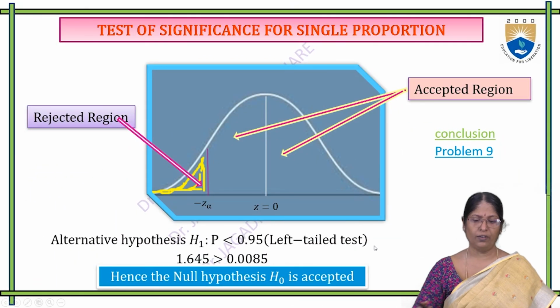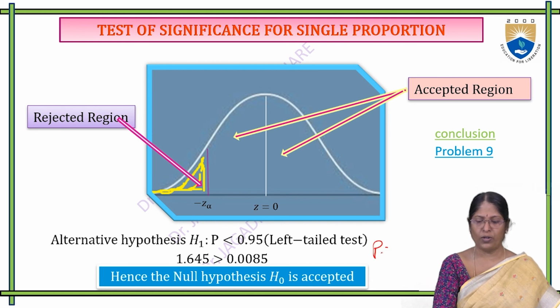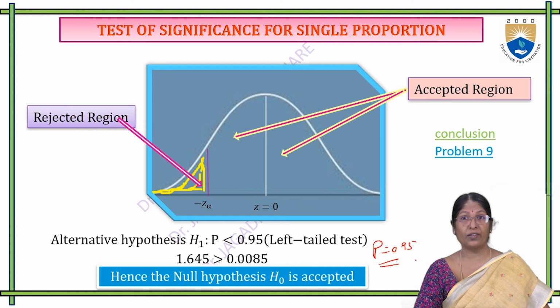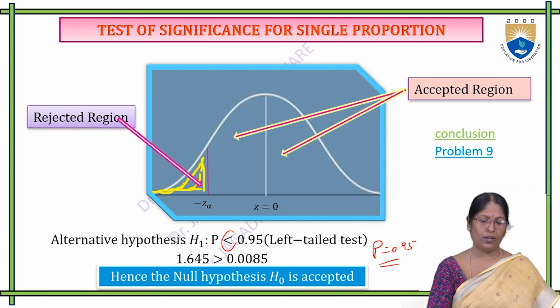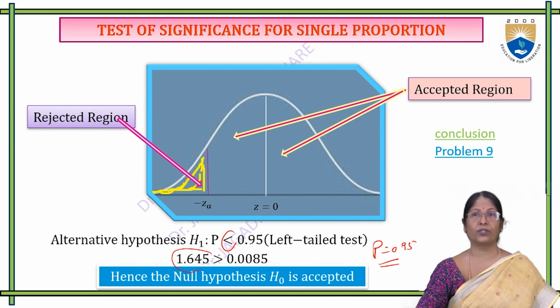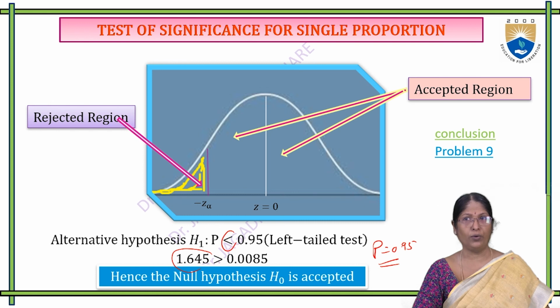First we accepted that capital P equals 0.95, the null hypothesis we defined, selecting the one-tailed test, that is a left tail. Why did we accept? Because the tabulated value is more than the calculated value. That's what we defined: the null hypothesis H0 is accepted.